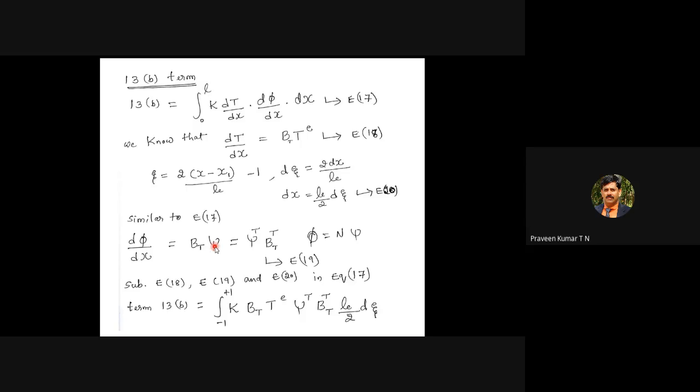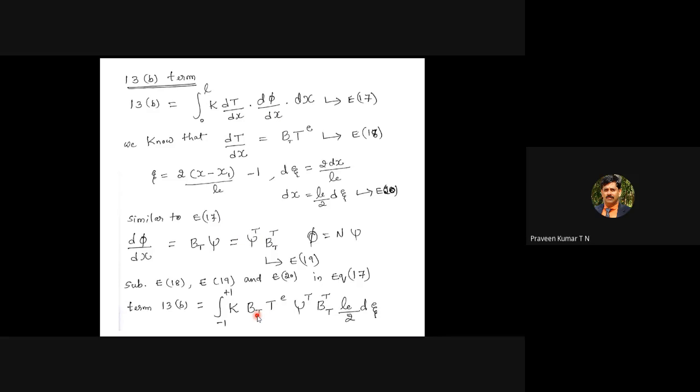This can also be written with one more mathematical equivalent, ξ transpose into B transpose, because this B matrix is a 1 by 2 matrix. If you multiply these, here we get one B matrix and here one more B matrix. Vectors of the same order cannot be multiplied, hence we take the transpose.